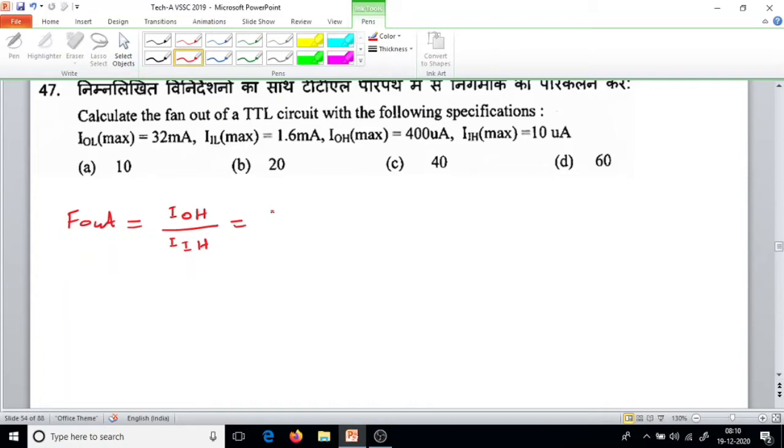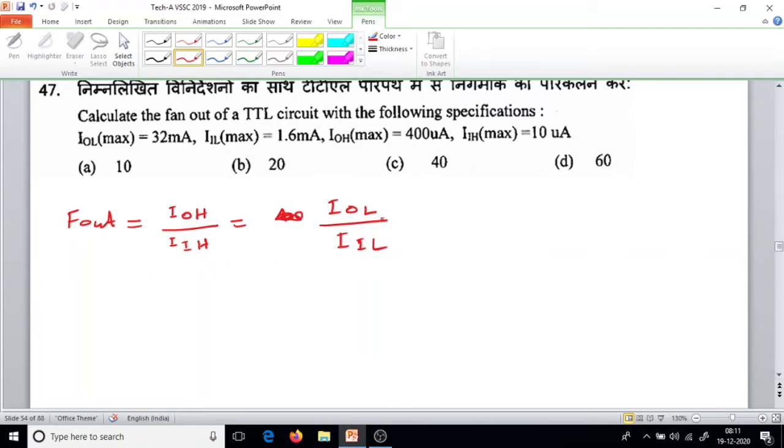And in the low state, it is equal to IOL, the low output current, divided by IIL. This is the equation to find out the fan out.